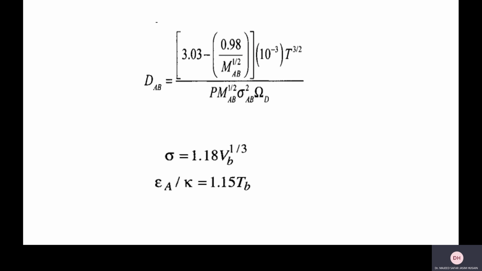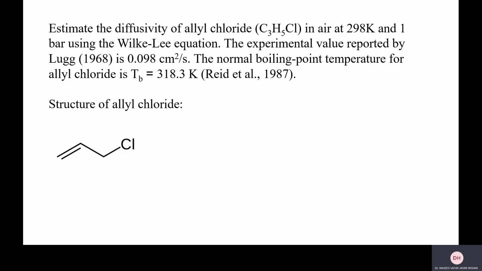All right, so now MAB, that means you have to know the molecular weight of allyl chloride and the molecular weight of air. Air you already know, it is 29. So you need now to calculate, based on the structure which is given to you, C3H5Cl, the molecular weight for allyl chloride.